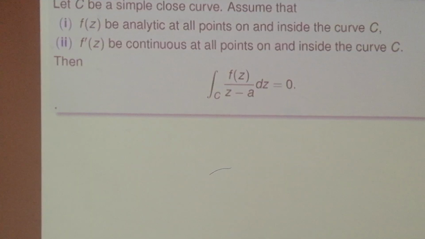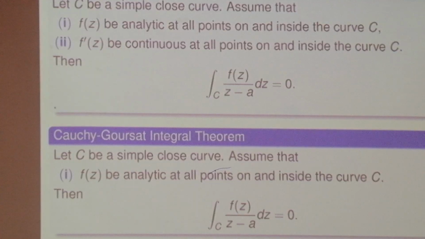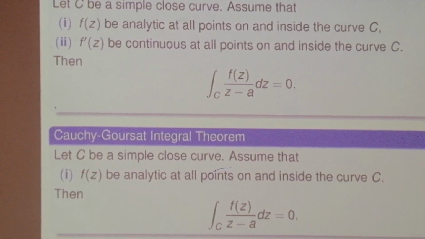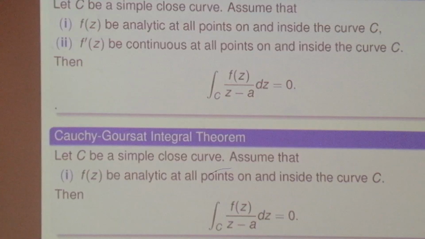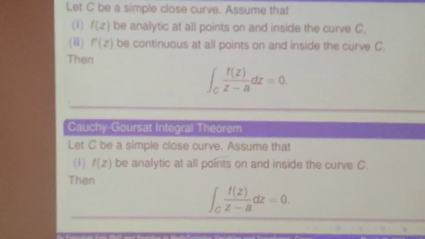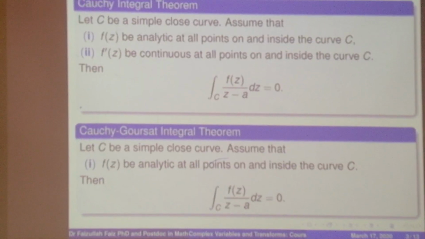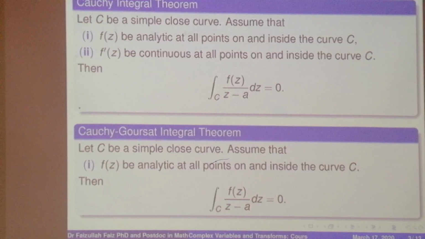Now I will show you a generalized form of this theorem, which is basically called the Cauchy-Goursat theorem. By the Cauchy-Goursat theorem, we just eliminate the second condition. We don't need f dash of z to be continuous, because if f of z is analytic, then its derivative, its second derivative, and so on, all must be continuous.